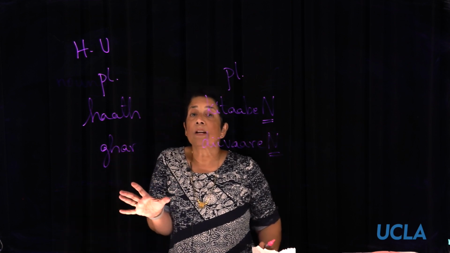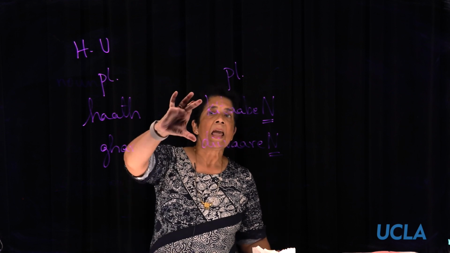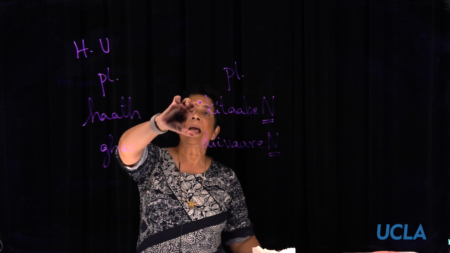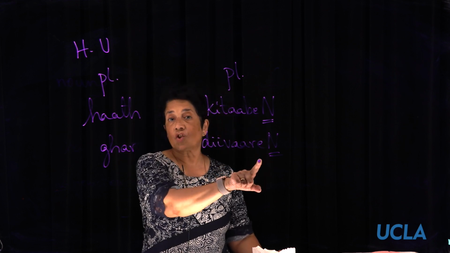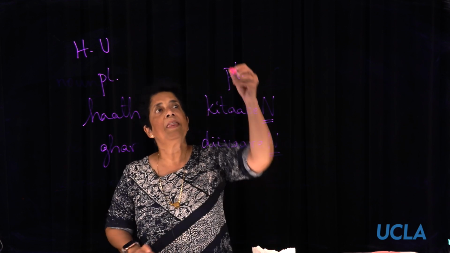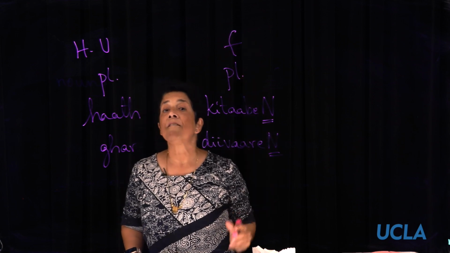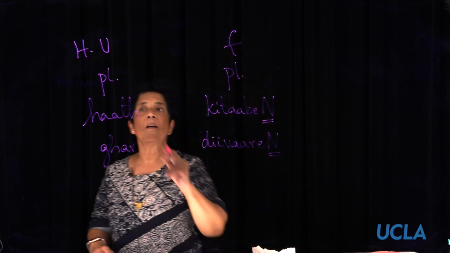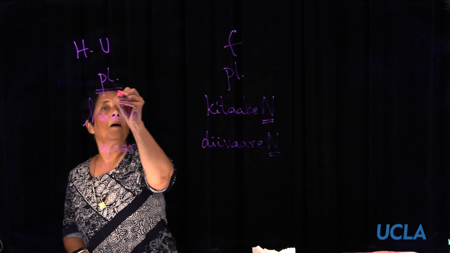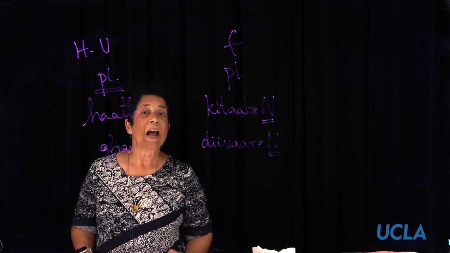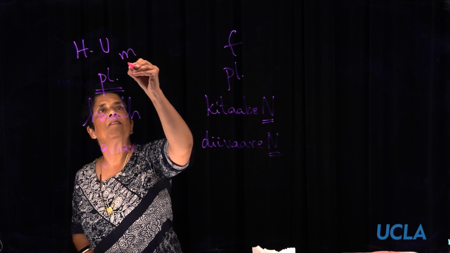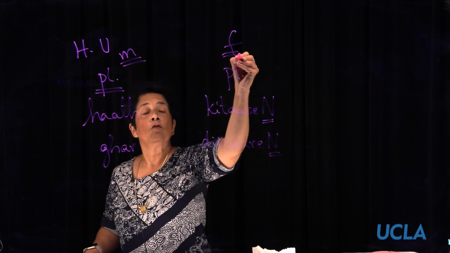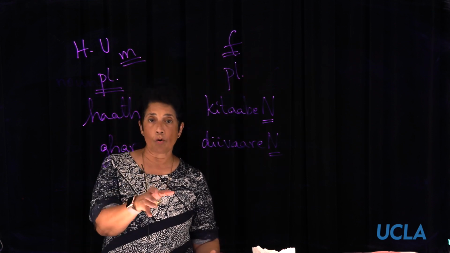So what we notice is, if a plural ends in nasalization, then it is feminine. Whereas if the plural noun ends in anything else, it is masculine. Okay. So now we have a rule.